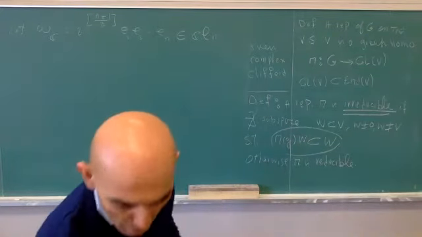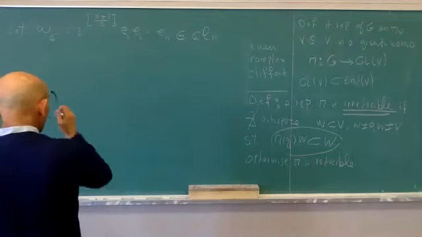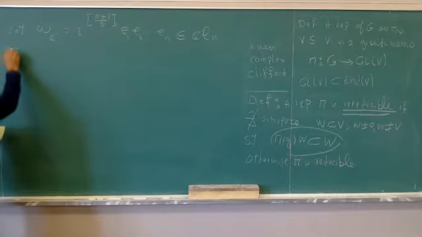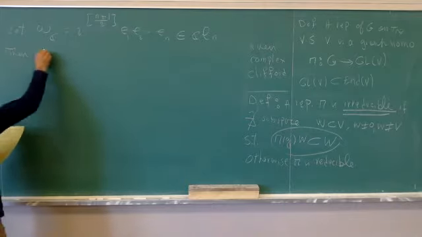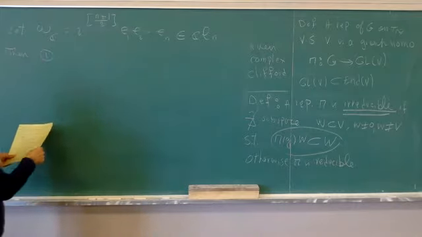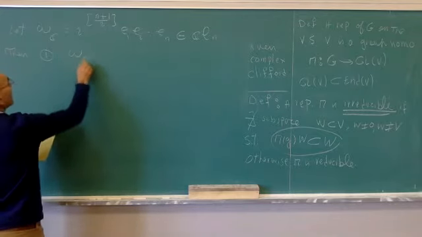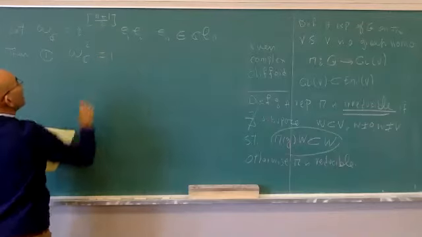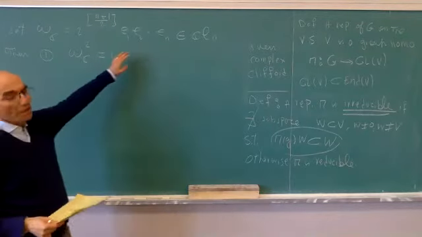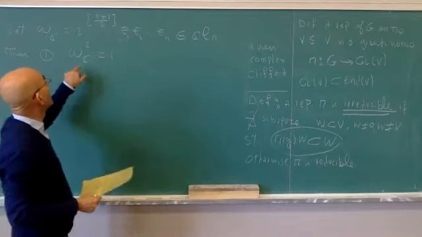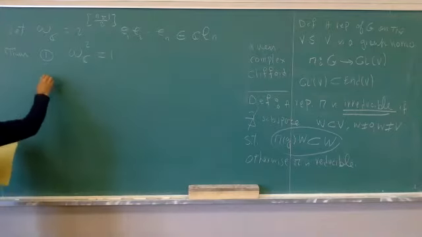So you can check the following things. First of all, omega c squared is 1. This is purely algebraic computation; you can check that if you square this, you get 1.